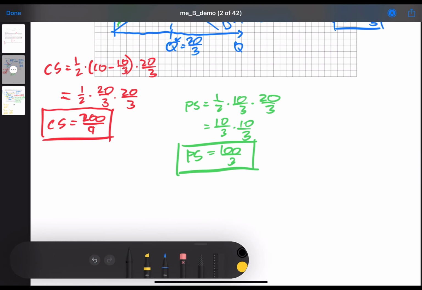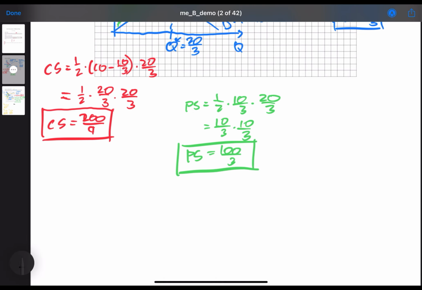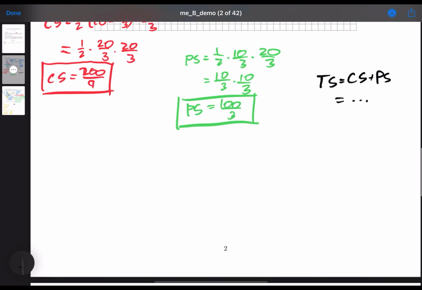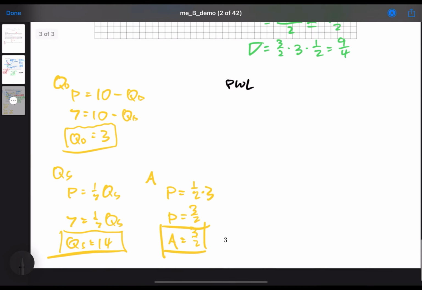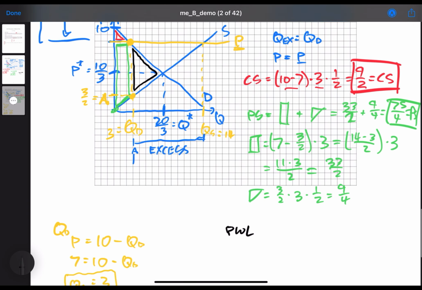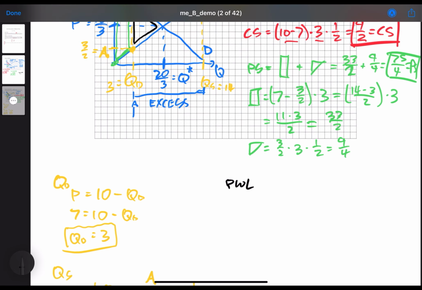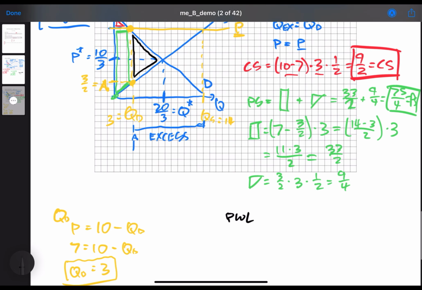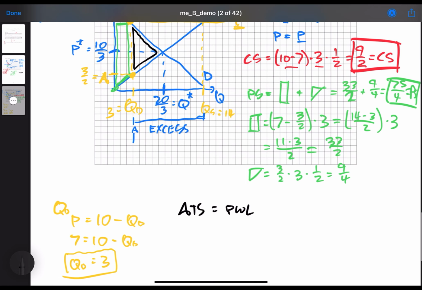Total surplus is equal to consumer surplus plus producer surplus, and then we find a value. Then we take the difference, and that will give us the deadweight loss. It's the change in total surplus after we've imposed this policy. So that's one way of doing it.